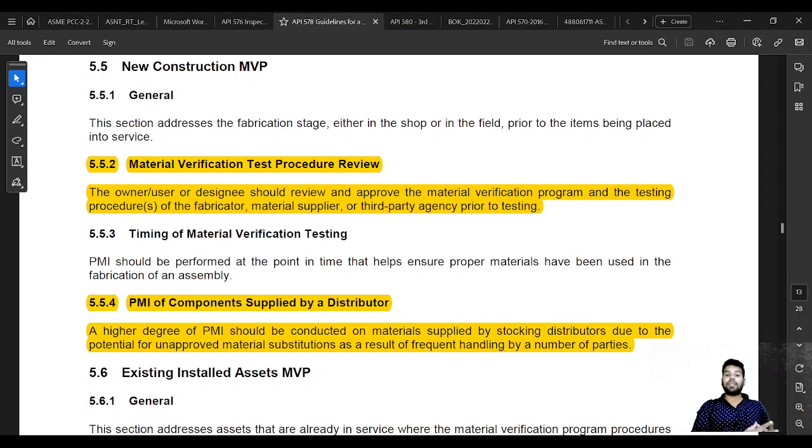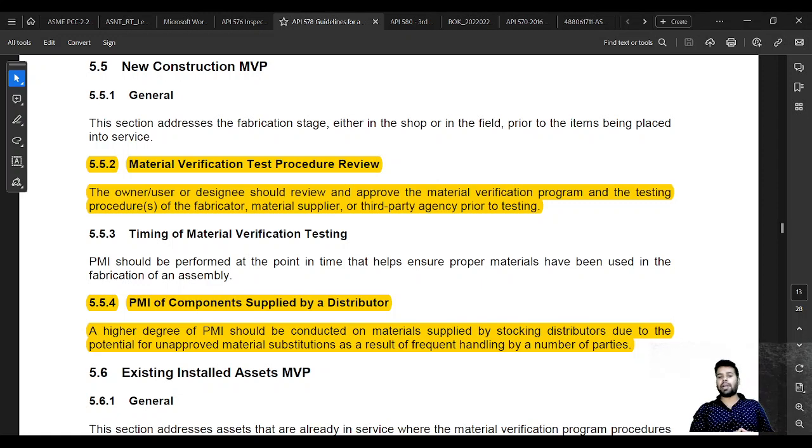For the material verification test procedure review, the owner, user or designee should review and approve the material verification program and testing procedures of the fabricator, material supplier or third party agency prior to testing. Timing of verification: the PMI should be performed at the point in time that helps to ensure that proper materials have been used in the fabrication of an assembly.